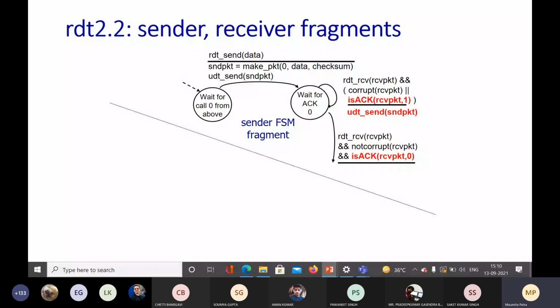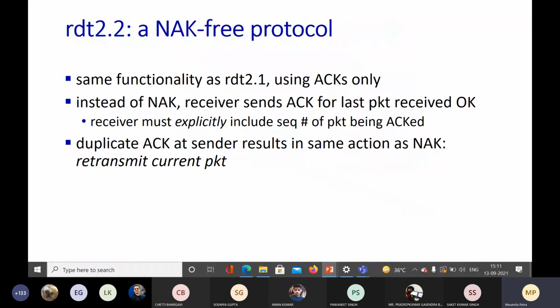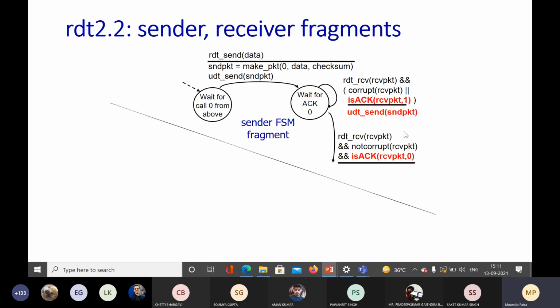So in either of these cases, the action that will be taken from the sender's side is that it will simply resend the packet. Okay, so it will retransmit. If you remember the previous slide, a duplicate ACK at the sender will result in the same action as a negative acknowledgement. That means it will retransmit the current packet. Okay, so that action will be taken.